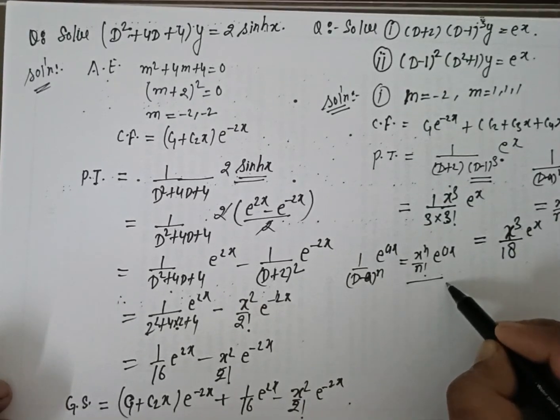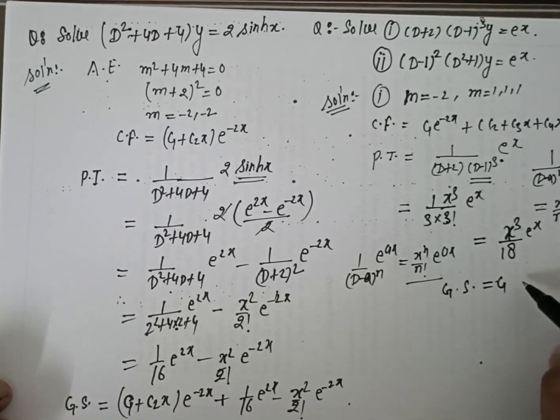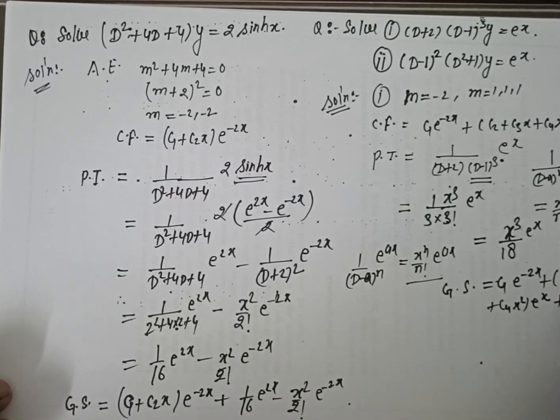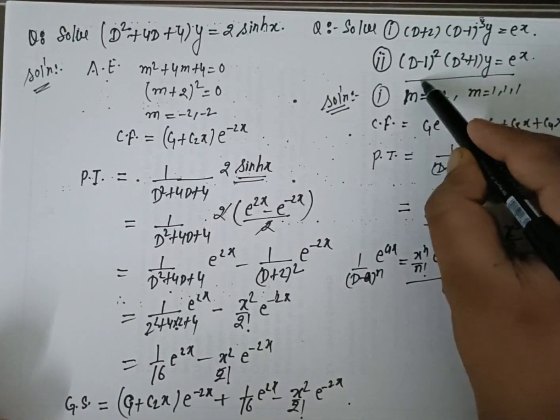So your general solution will be c1 e to the power minus 2x plus (c2 plus c3 x plus c4 x square) e to the power x plus 1 upon 18 x to the power 3 e to the power x. This is your general solution. Similarly, you can solve the second part of this.